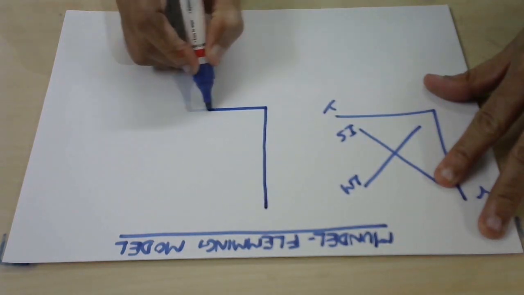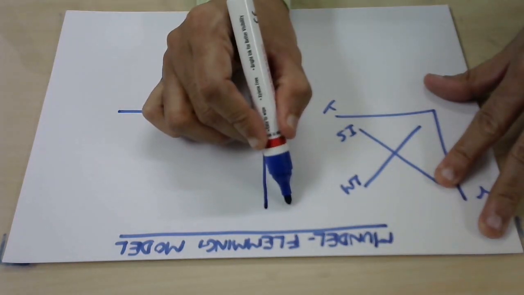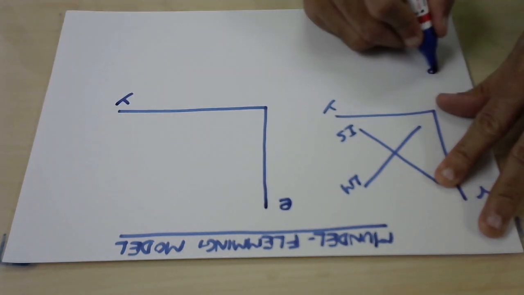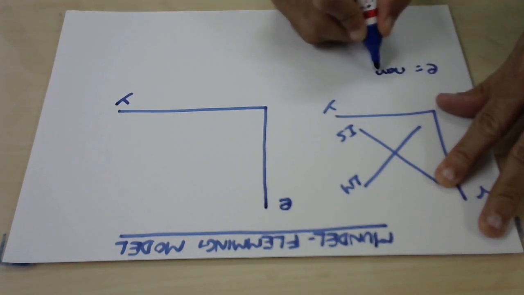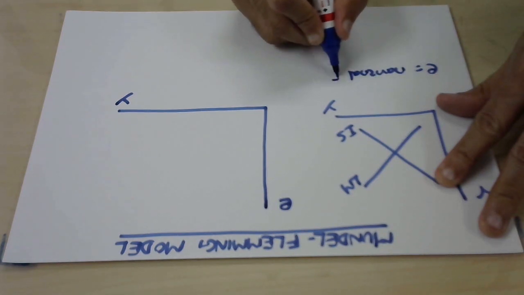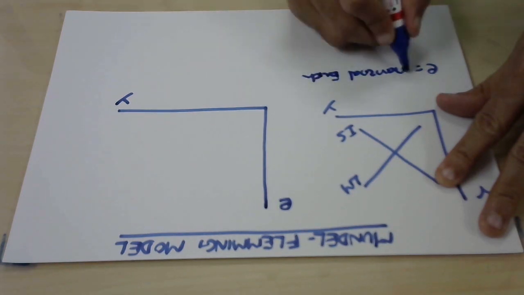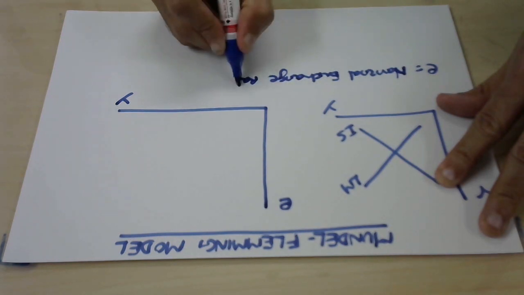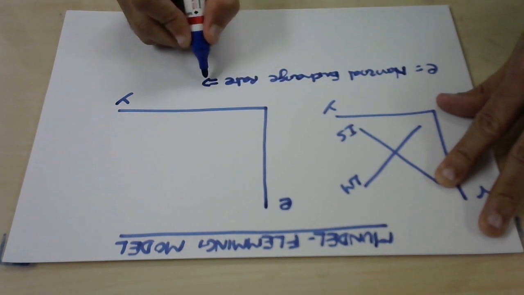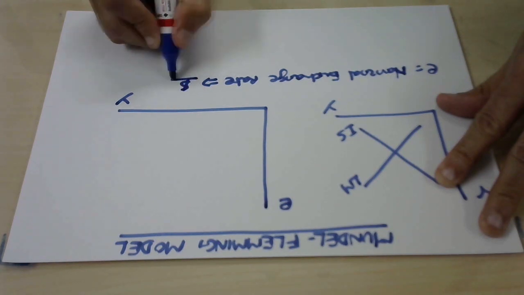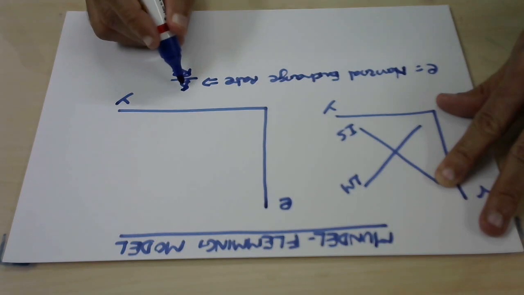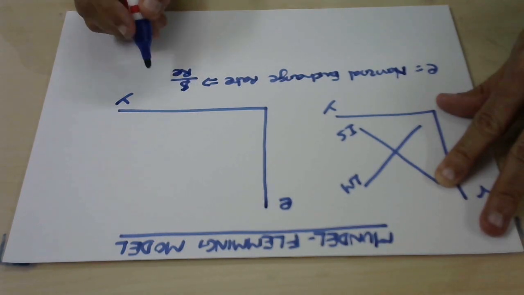So we want a relationship between exchange rate and GDP, and E is the nominal exchange rate, which we have already defined as the number of units of foreign currency I can get per unit of rupee. So it is dollars per unit of rupee.